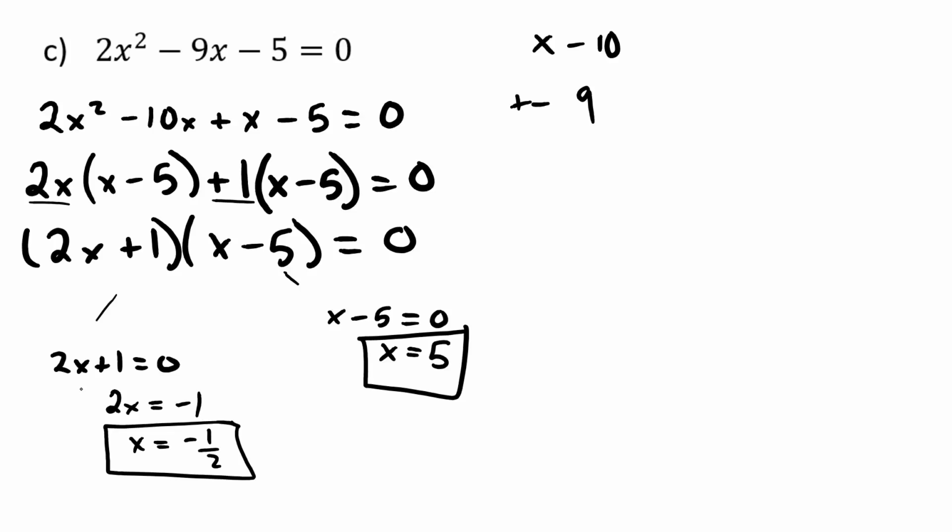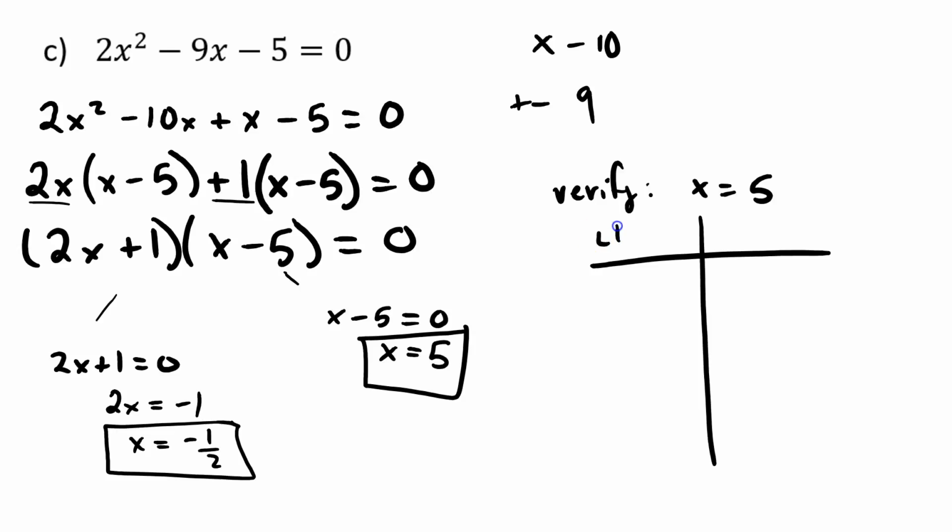The question also stated that we wanted to verify. So if x equals 5, let's do the easy one first, not the fractional one. So left-hand side, right-hand side, we have right-hand side equals 0, easy peasy lemon squeezy. And I'm now going to substitute in 5 for all of my x's, the two of them. So 2 times 5 to the power of 2, and this is a great BEDMAS question, right?